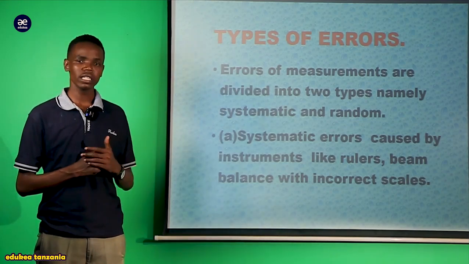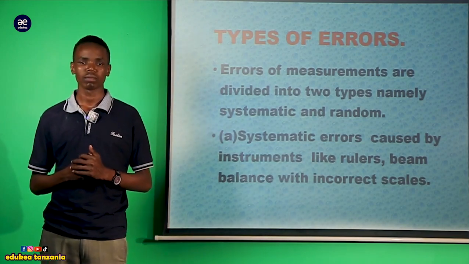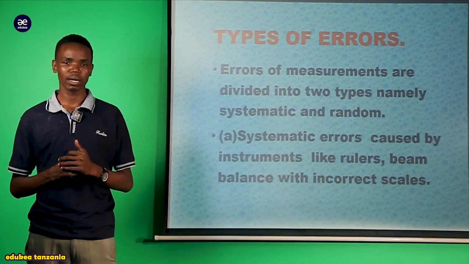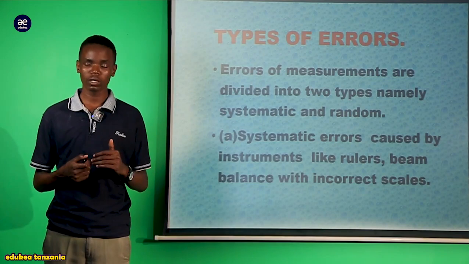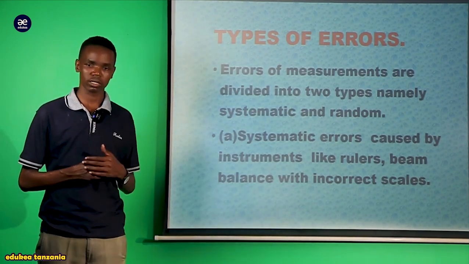We can start explaining the systematic errors. When we talk about the systematic error, this is a type of error that is caused by instruments.